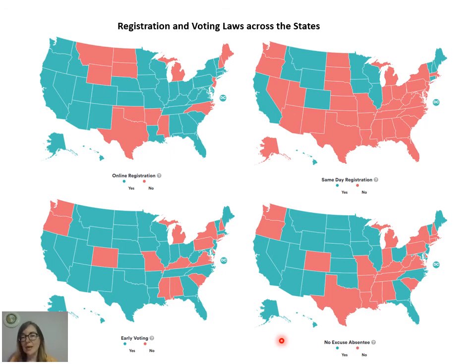And you can see that extremely Democratic states have this policy, extremely Republican states have this policy. I'll just put it out there that there's not a lot of evidence that this causes fraud. There is not evidence that this benefits one party or the other.